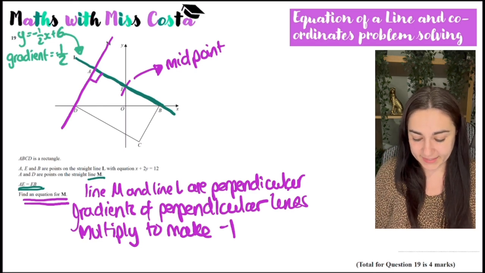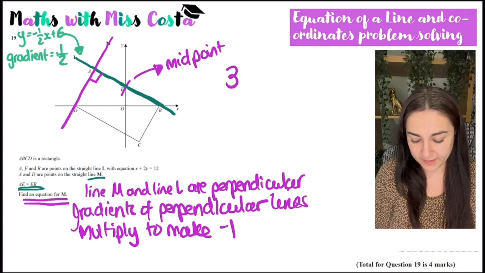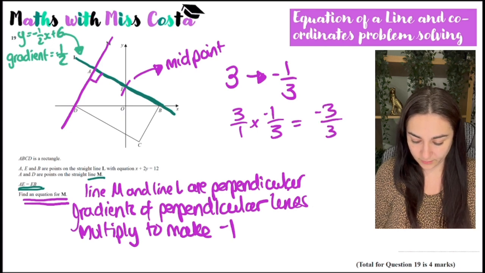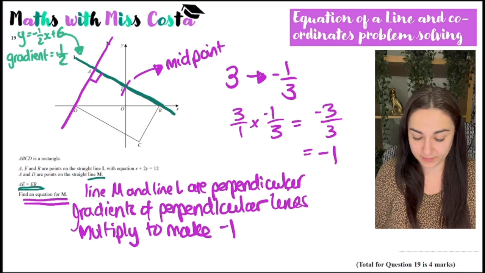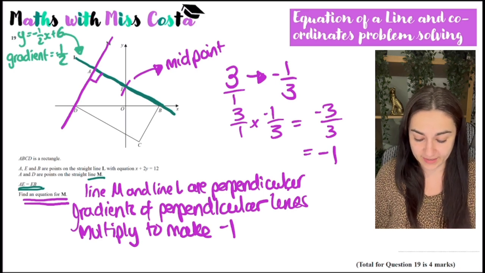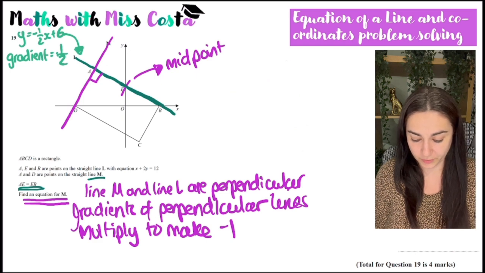Let's say you had a gradient of 3, the negative reciprocal would be -1/3, because if you did 3 over 1 times -1 over 3, 3 times -1 is -3 over 3, which would simplify to -1. So the negative reciprocal, whatever you have, if it's a whole number, you turn it into a fraction, flip it, and then put a negative sign in it. If it's already a negative, then it's just going to be the positive version of that reciprocal.